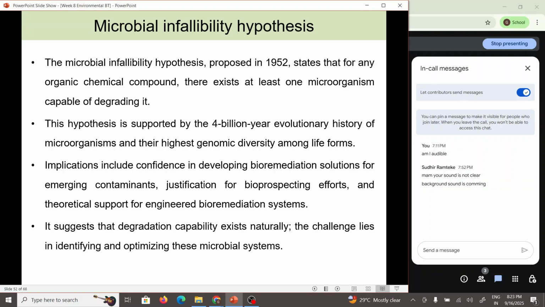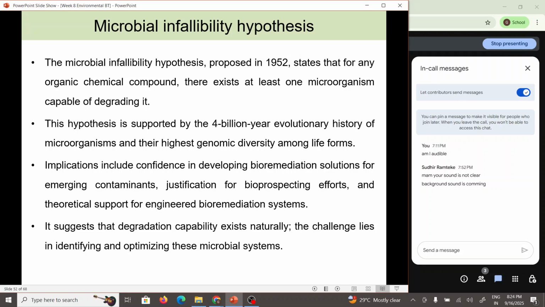So in order to develop engineered systems and to bring them into practice, we need some scientific evidence. This microbial infallibility hypothesis can act as one of the evidences based on which we design our engineered bioremediation system. And finally, the microbial infallibility hypothesis suggests that degradation capability exists naturally.